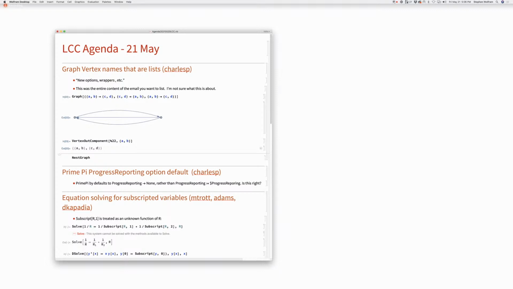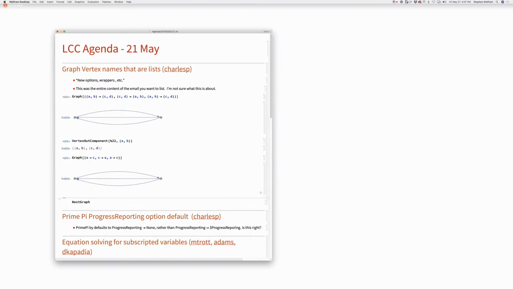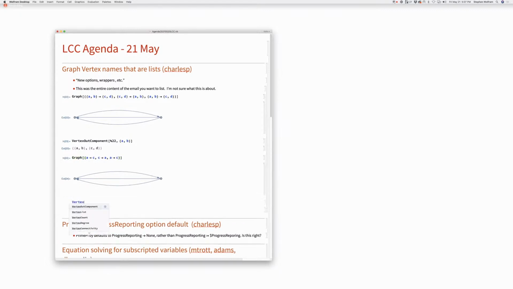So that's why I classify this as more of a bug, a general issue. We just need to go through Graph and fix that. Essentially, we want to support both vertices and lists, a kind of listability. But if I were to say Graph A goes to C, C goes to A, A goes to C or something like this, and now I say VertexOutComponent of that, comma, list AC, I can't even tell whether that's right or wrong.